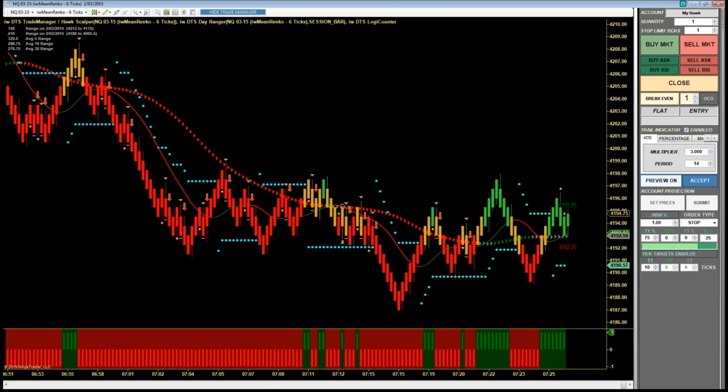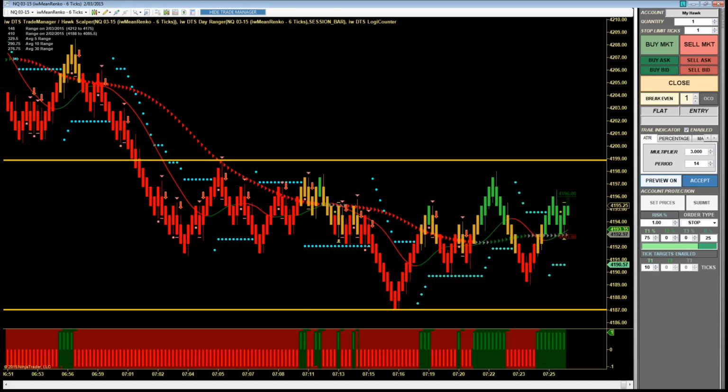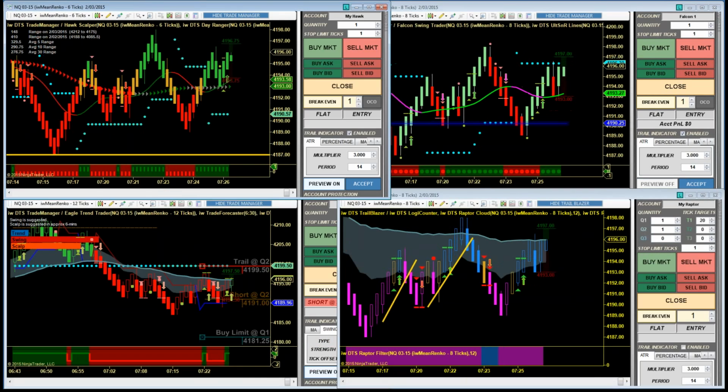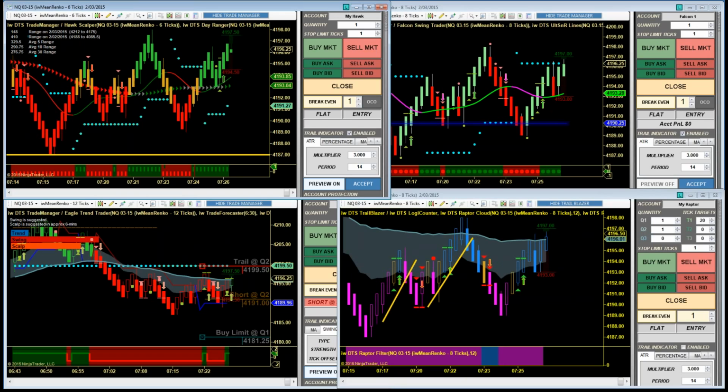The hawk is a wash here on the NQ. You see all these yellow bars, you see all this choppiness. This is definitely a range-bound market at the moment.